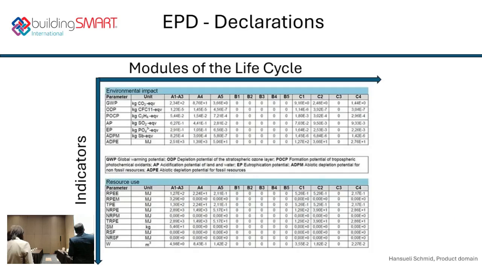The topic here is that we have tables: the life cycle with the modules, and the different impact indicators with the units. So for one property we can have many different values, one for each life cycle stage. That makes it twice as complicated. It's not more data, but it's a spreadsheet data format.